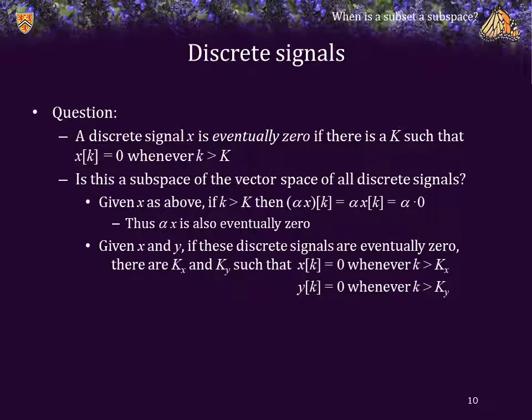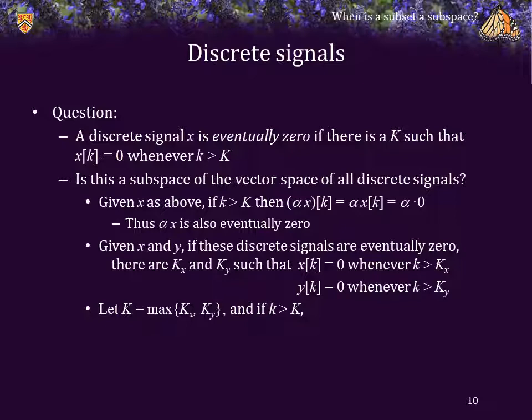If x and y are as defined above, then there must exist capital K sub x and capital K sub y, respectively, such that the kth index of x is equal to 0 whenever k is greater than capital K sub x, and the kth index of y is 0 whenever k is greater than capital K sub y. Let us make K be the maximum of these two values.